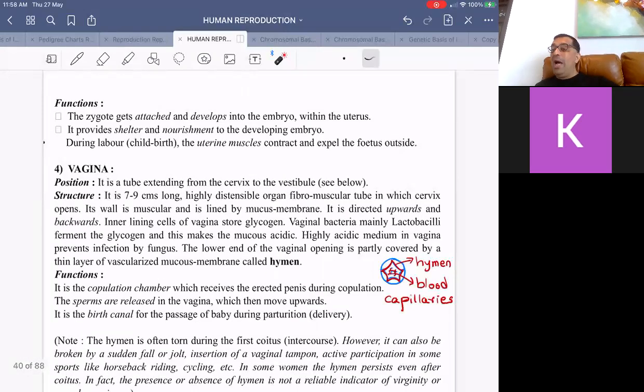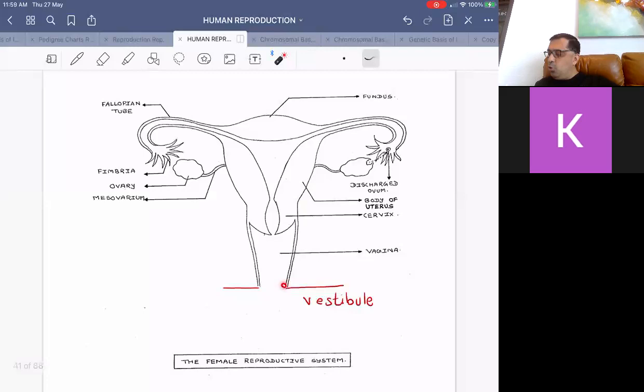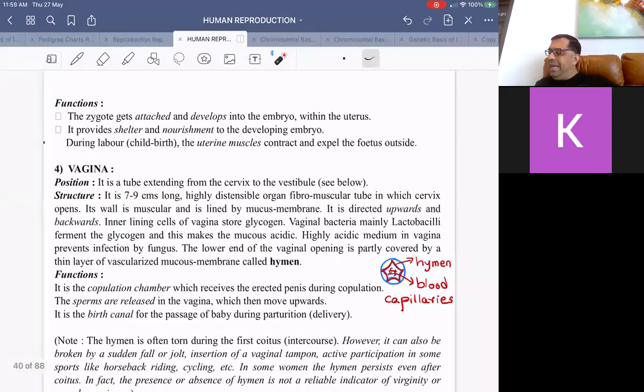And you have, so the lower end of the vagina is partly covered by a thin layer of vascularized mucous membrane called the hymen. So the opening of the vagina to the outside is covered by a vascularized membrane, a membrane full of blood vessels, and it incompletely covers the vagina.